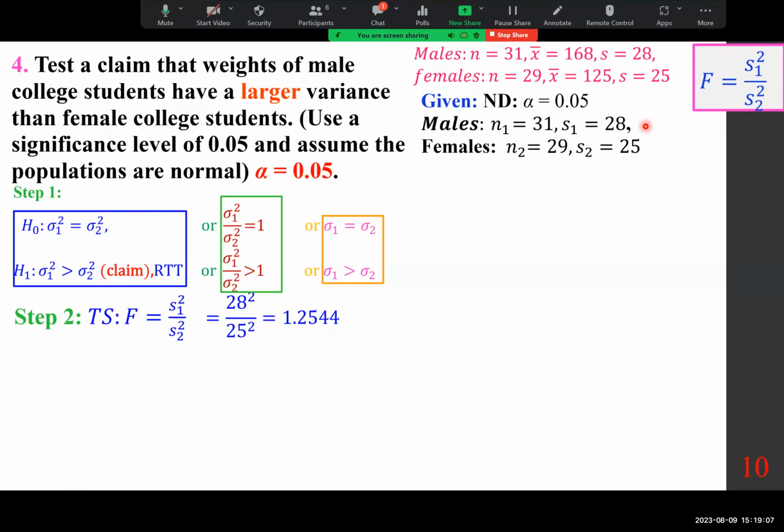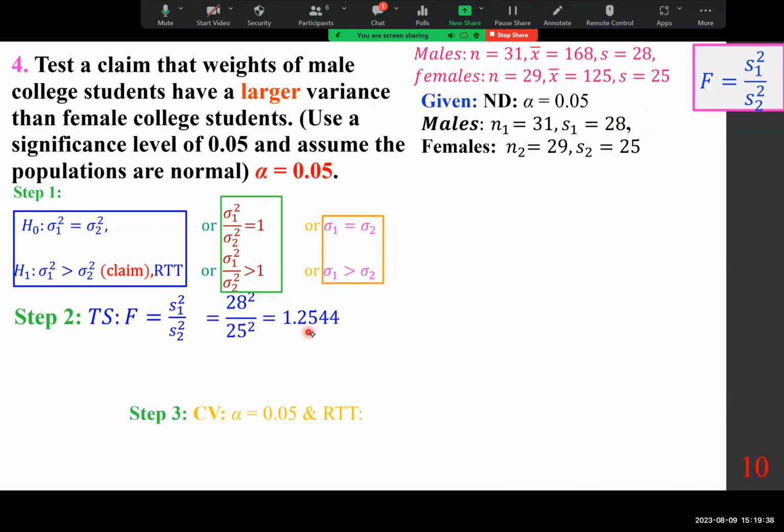We make sure the first group has a larger sample variance. So for example, if this group is given as the second group, you change it to the first group because S1 is larger than S2. This is how you calculate it. Again, by choice, the one with the larger S value is the first group for this one to work. And therefore, this number is always larger than 1, and therefore, it is always a right tail test.